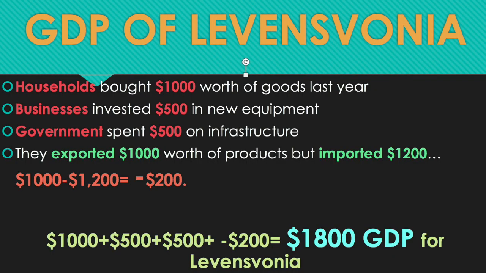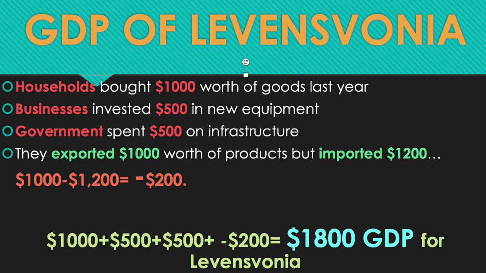So, to give you a sample here, if we talk about this beautiful place known as Levinsvonia, it's filled with fascinating, kind, intelligent redheads. This small little principality has a small economy, but we can figure out the GDP. During last year, households bought $1,000 worth of goods.